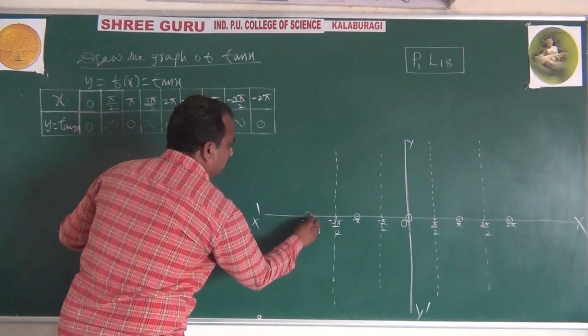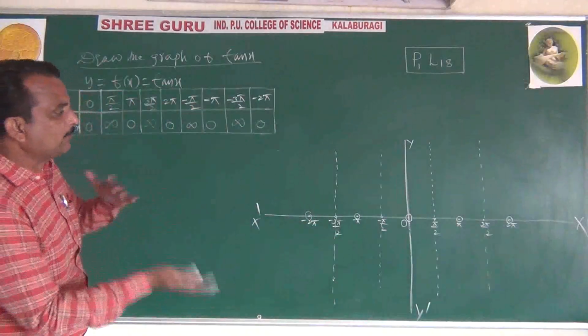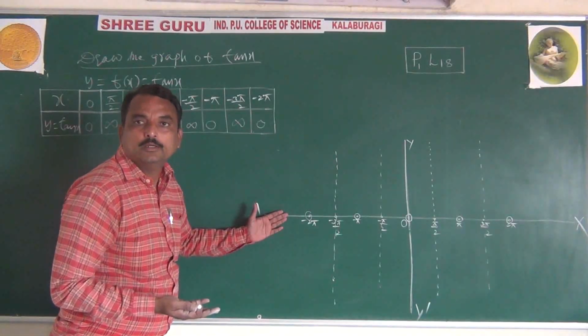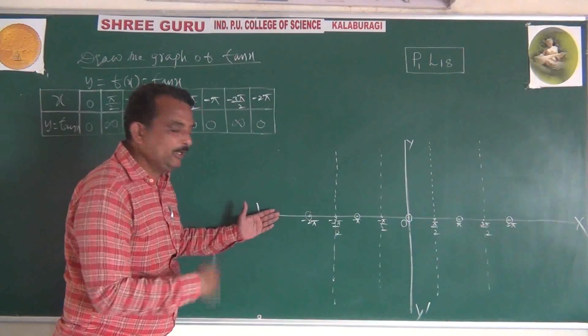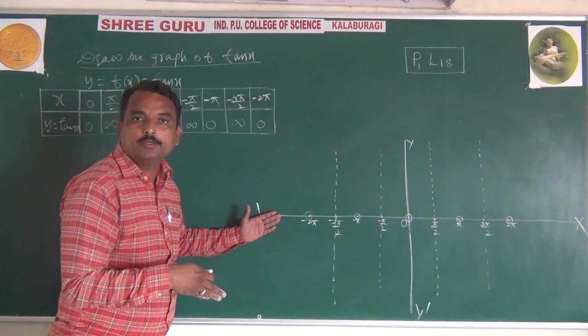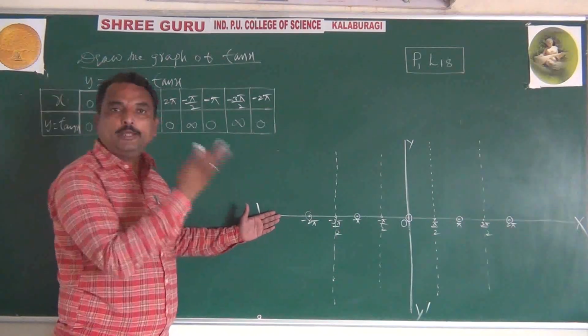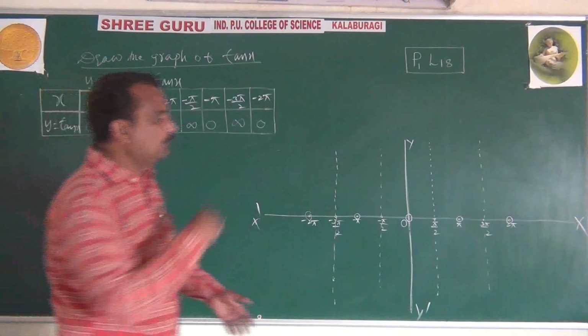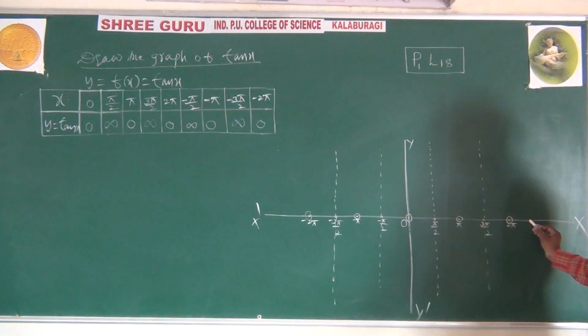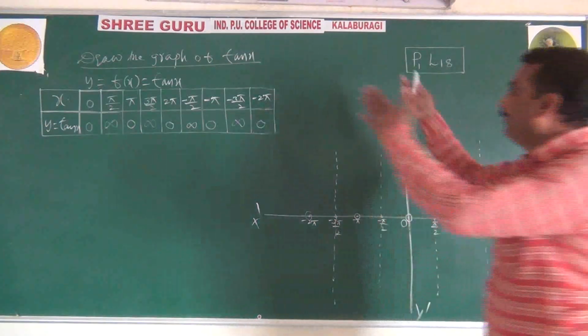Next, minus 2 pi, again 0. You will get the same type: minus 5 pi by 2, infinity; minus 3 pi, 0; minus 7 pi by 2, infinity; 4 pi, 0, like that. Here also the same after 2 pi: 5 pi by 2, infinity; 3 pi, 0. Like that you get infinity lines and 0.